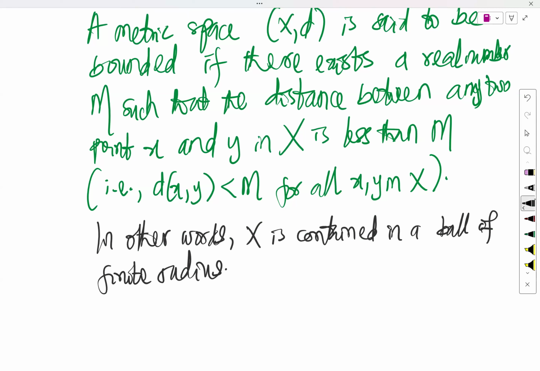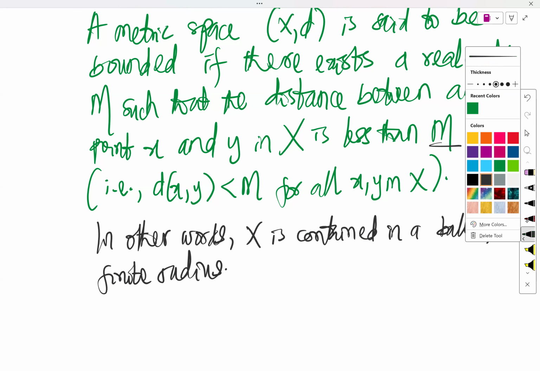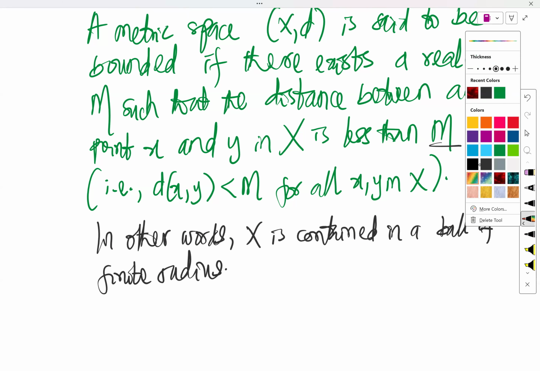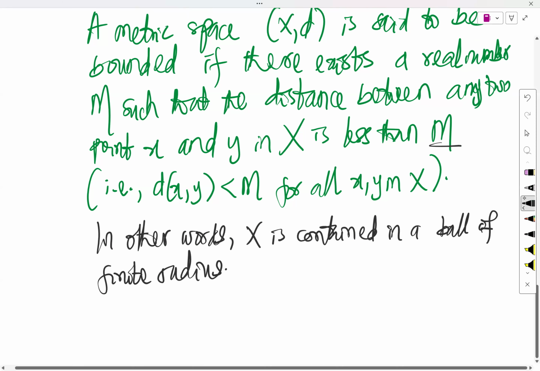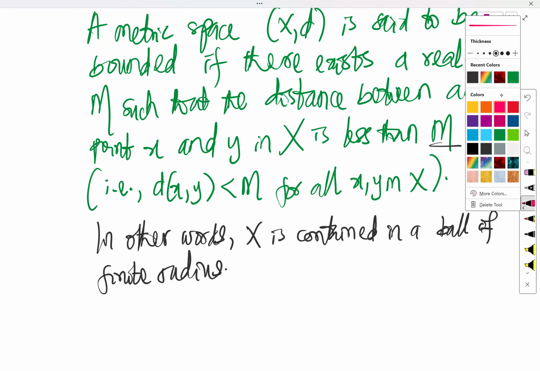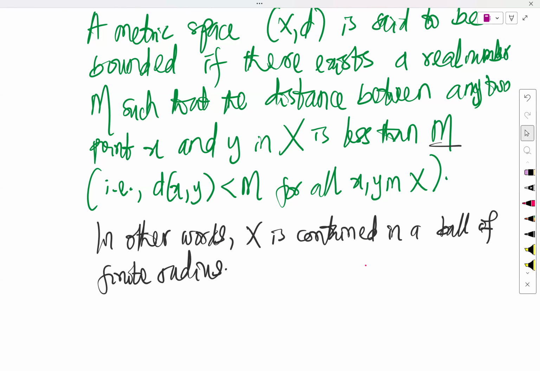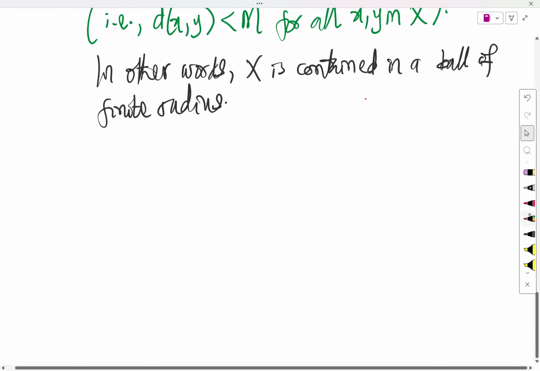So there's a particular value m that the distance function does not ever exceed when you operate it on two points. Okay, so that takes care of the first part of the question. So now let's move on to the second part. Let me switch up the markers.